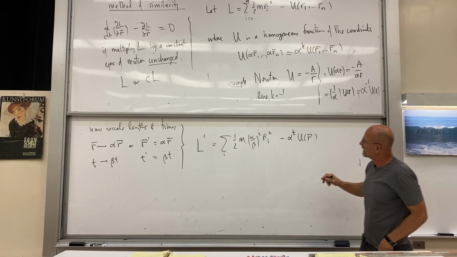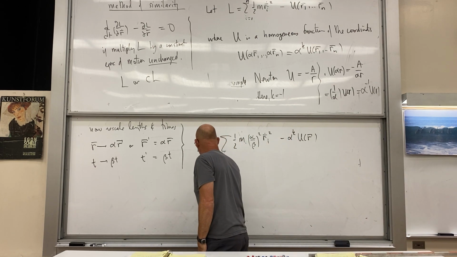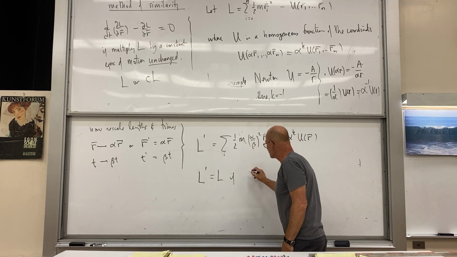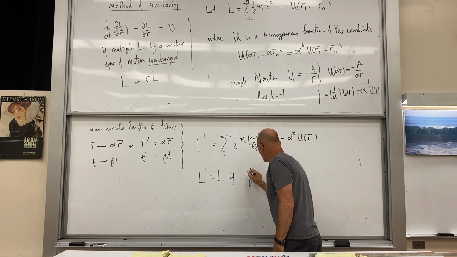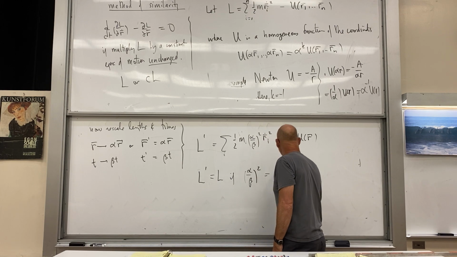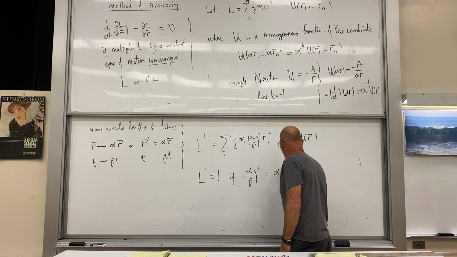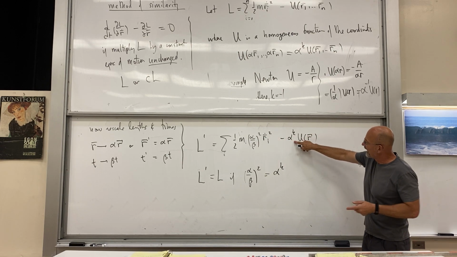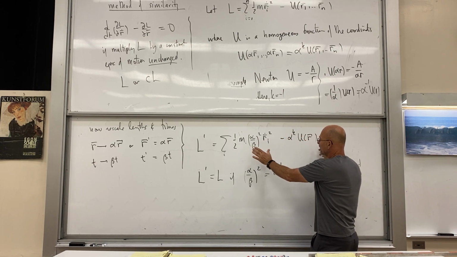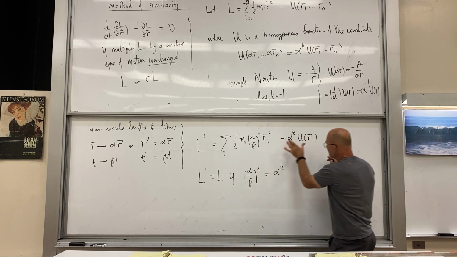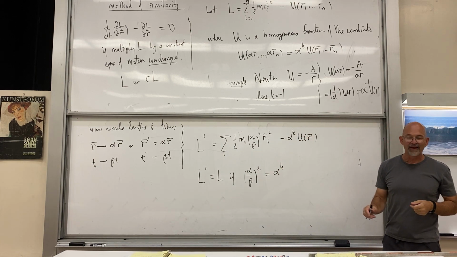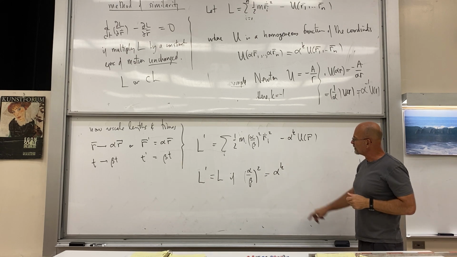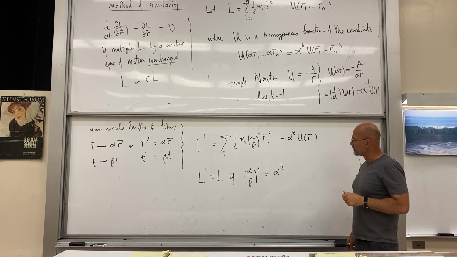So here's the thing. L prime equals L if alpha over beta squared is equal to alpha to the k. Because then both the kinetic and potential energy are being multiplied by the same number. So there's a condition, and we're just going to solve that for beta.